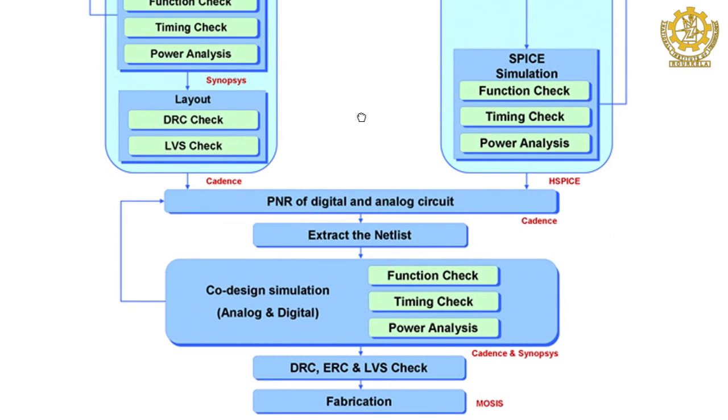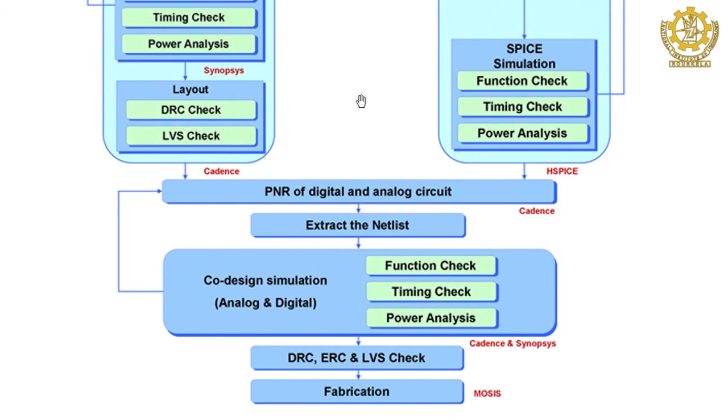Sometimes what happens is, in the gate level netlist you have 100 transistors, and after layout by chance you have missed one transistor, and that is not reflected in the functional output. Maybe there are 10 different input combinations, and you have not checked one input combination. So, there may be a chance that one transistor is missed, and that particular combination you are not checking in the functional simulation.